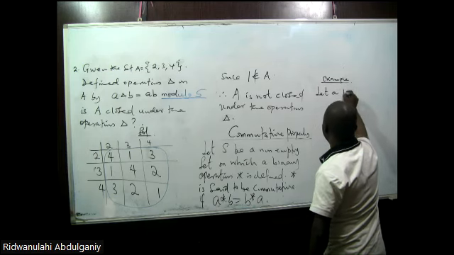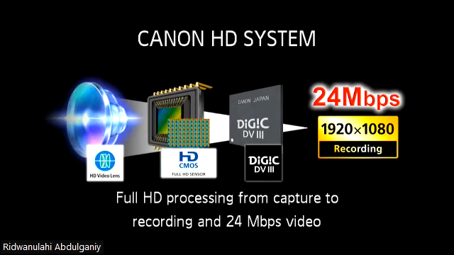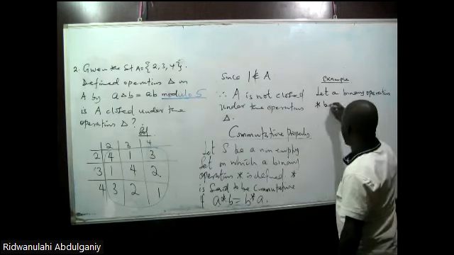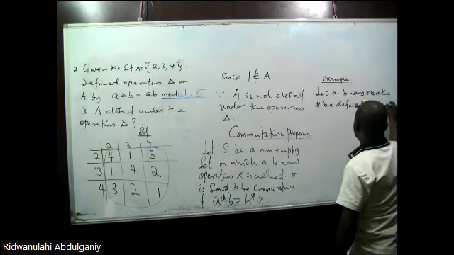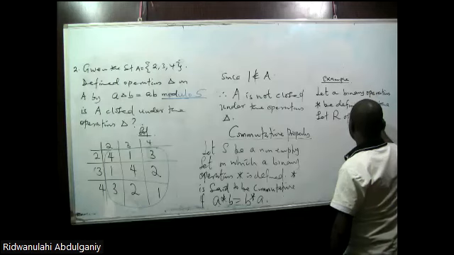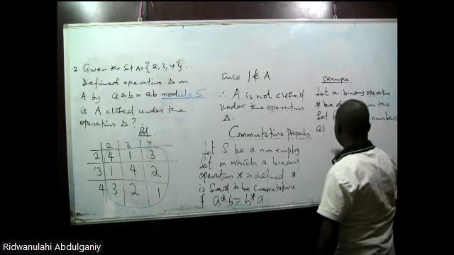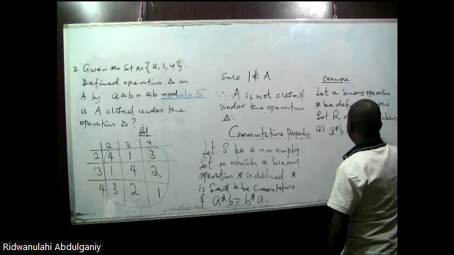Let a binary operation star be defined on the set R of real numbers as A operation B equals A plus B minus AB.